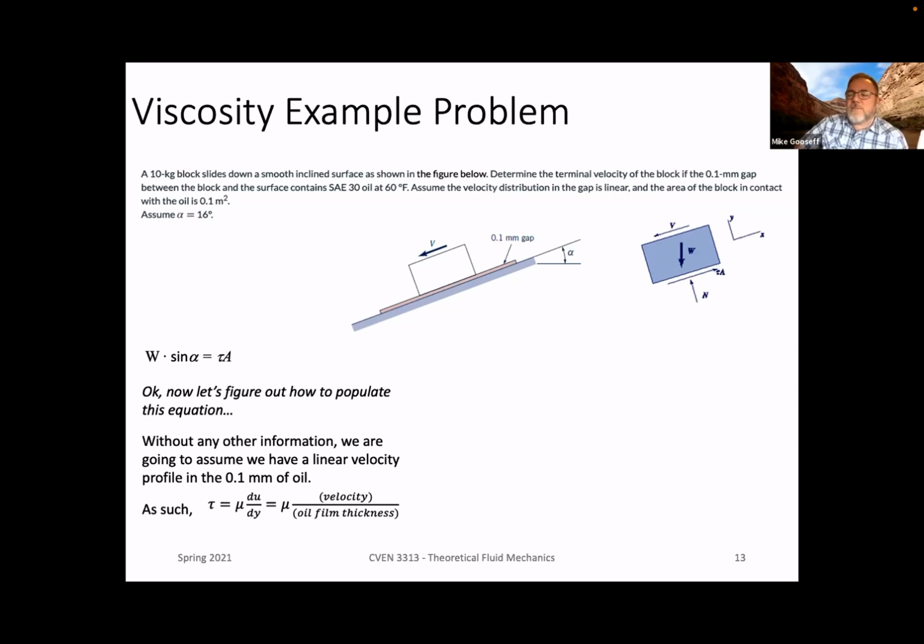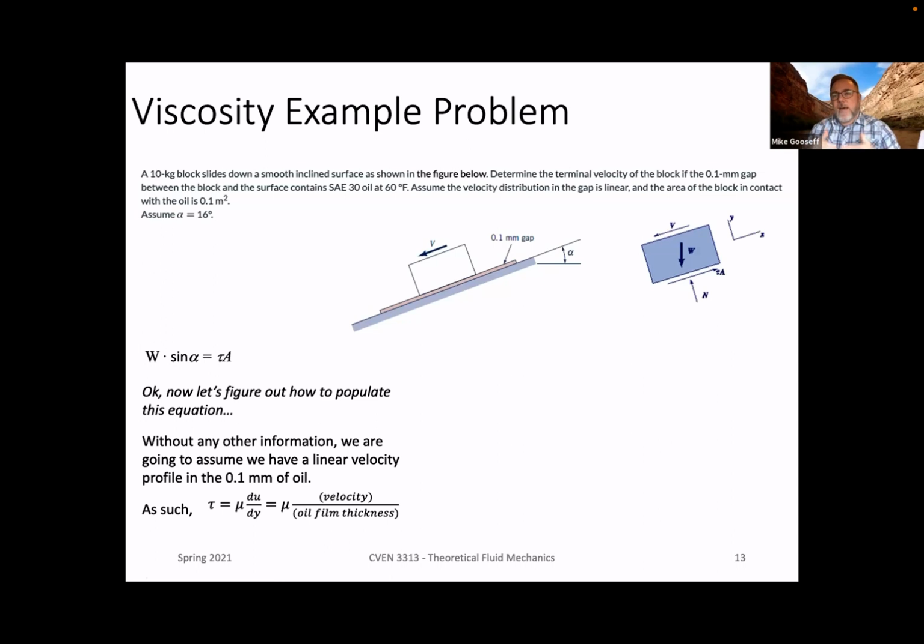What that says is that we can put in the velocity. Remember, we're going from 0 to v over that thickness, 0 to 0.1 millimeter here, right? And so the du dy can be approximated by going from 0 to v. If we were going to integrate this, it would be v minus 0, so that would go away, and it would just be v, velocity, in the numerator.